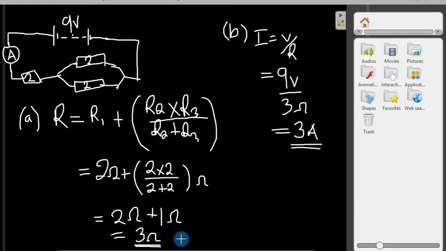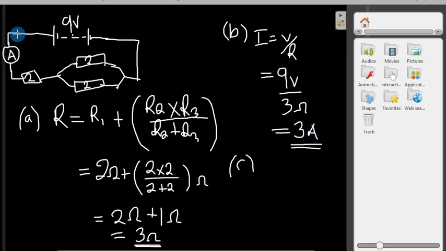Then question C was asking us to calculate the current through any one of these 2 ohm resistors on the parallel network, either this one or that one. It doesn't matter because these two are equal in size, so it doesn't matter if we find it for this one or for the other one. It is interesting here because we already know the total current is 3 amps.